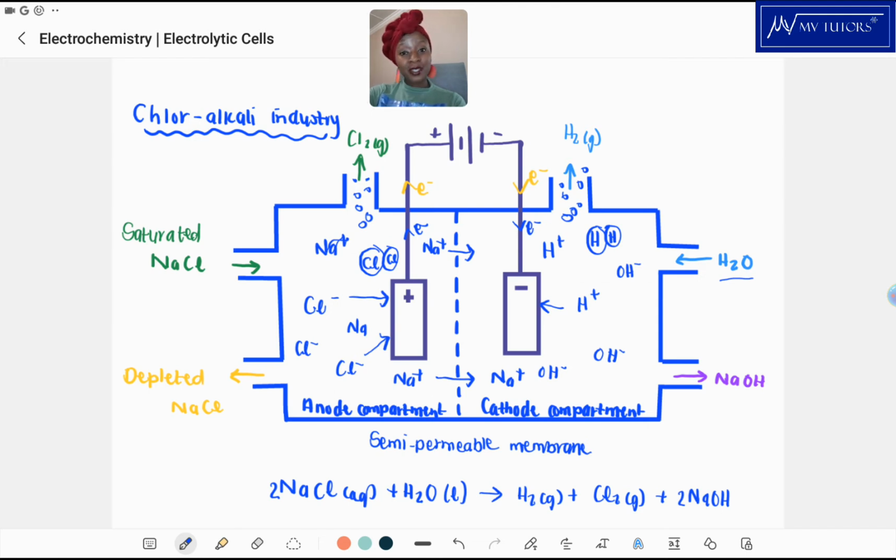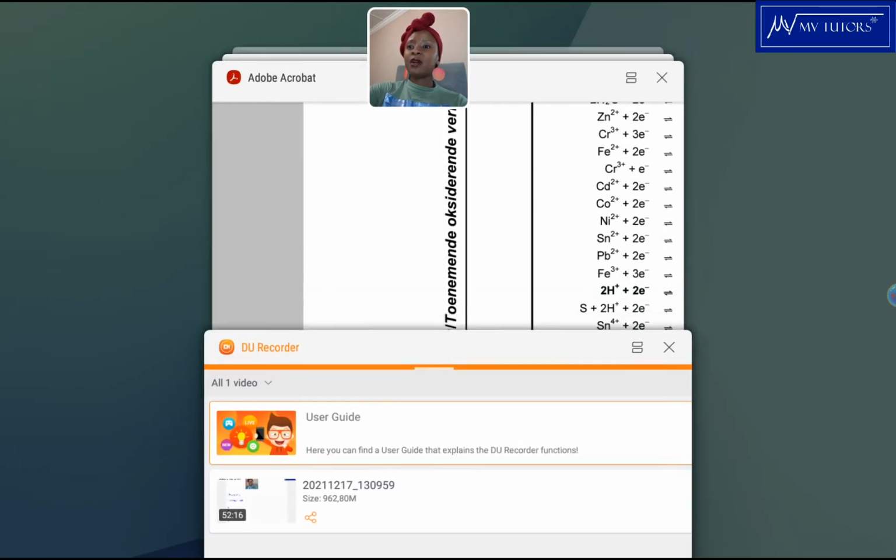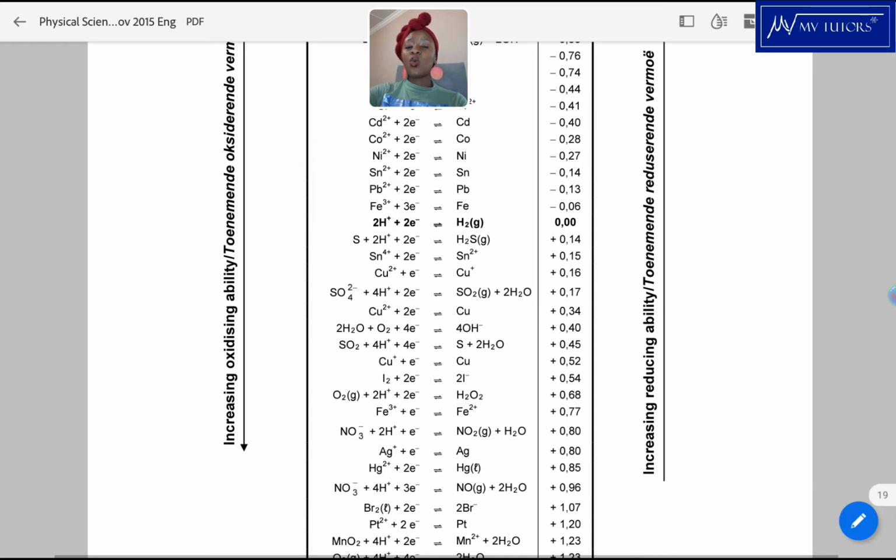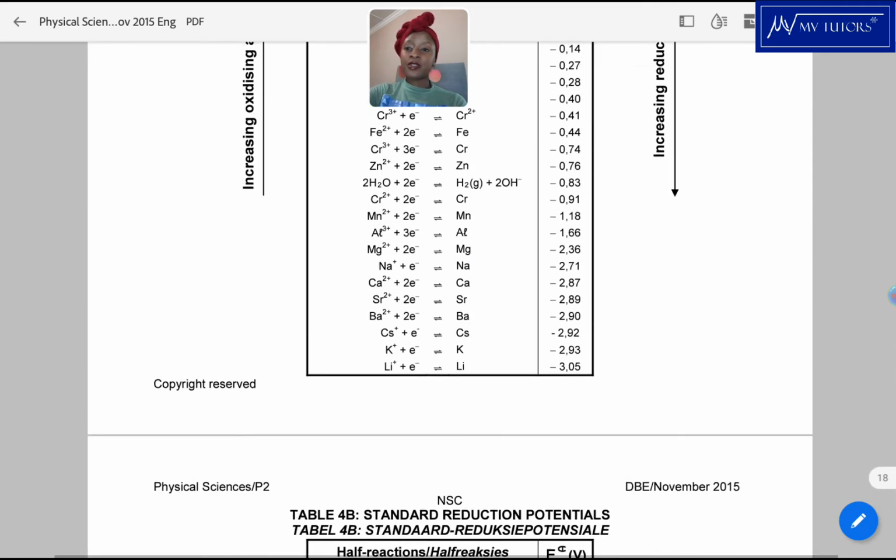If it has a positive voltage, then it will be reduced. So let's have a look at our table of standard reduction potentials. Where is hydrogen and where is the sodium? We know hydrogen has a potential difference of 0 volts.